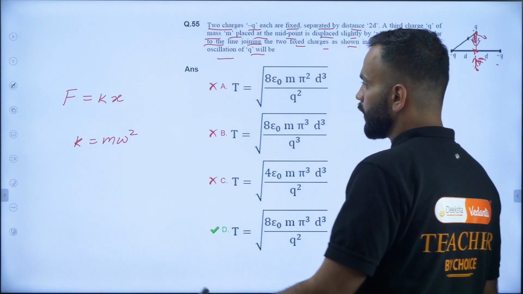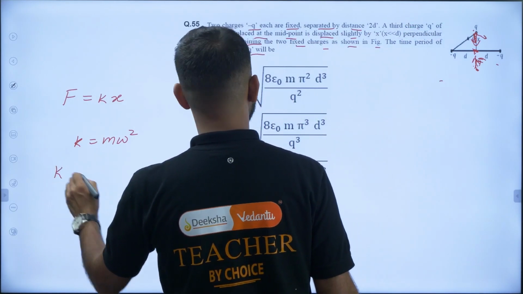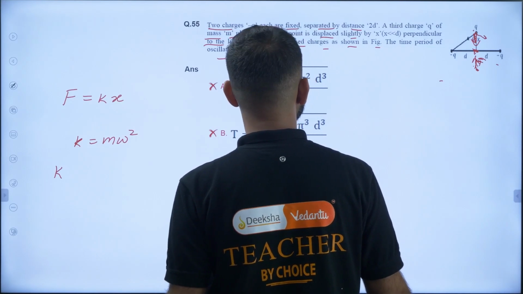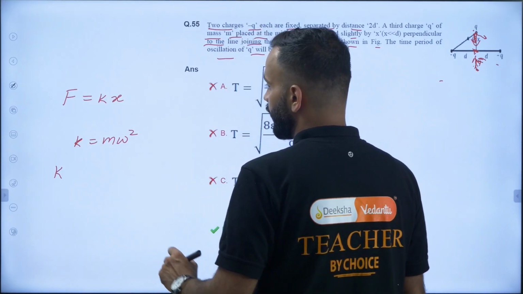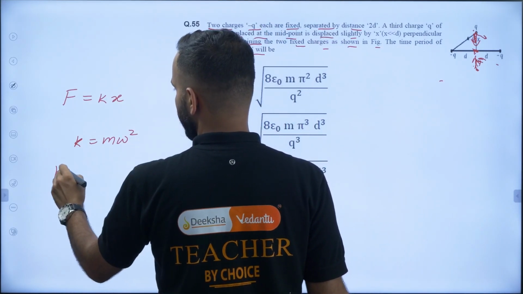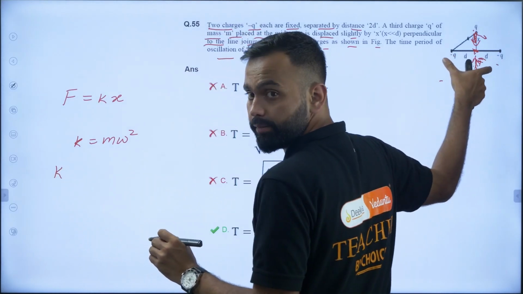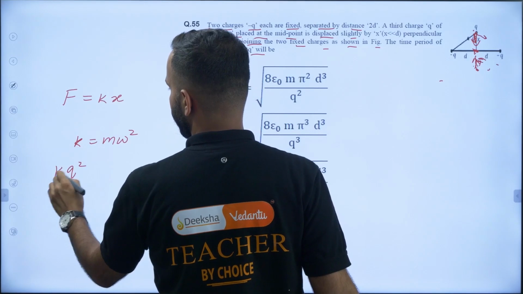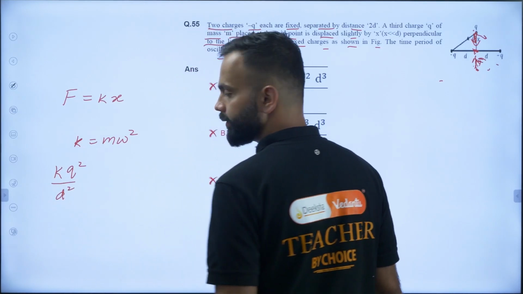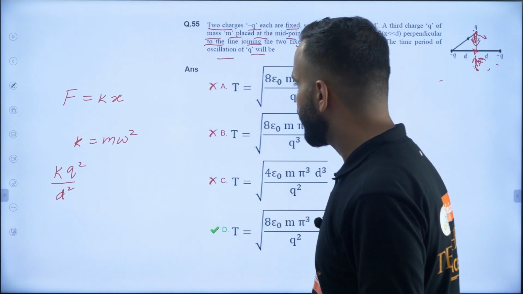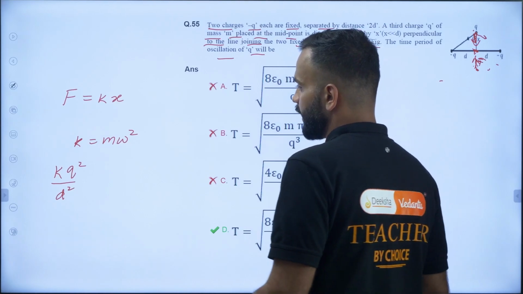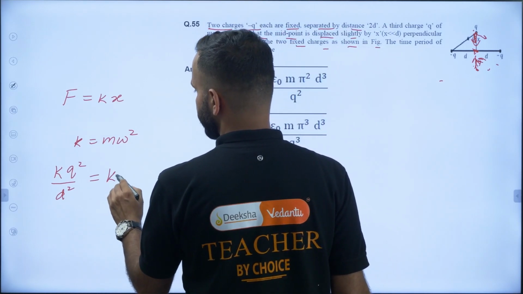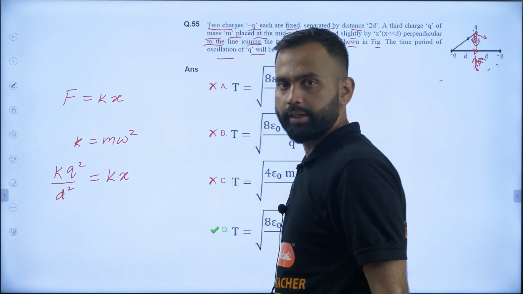So the electrostatic force, K q square divided by d square, is equal to k into x.